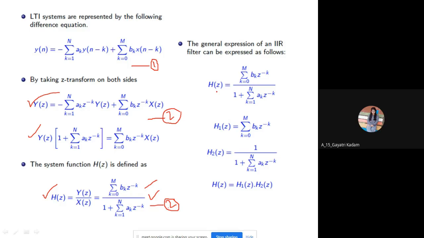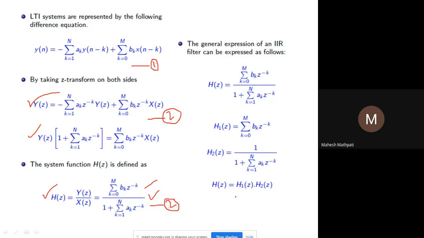Yes, sir. Any confusion here? No, sir. Actually, these are all things we have discussed: H of z equals equation 2 as it is, I have written H1 of z equals summation k equals 0 to m of b_k z power minus k, and H2 of z equals 1 divided by 1 plus summation k equals 1 to n of a_k z power minus k.